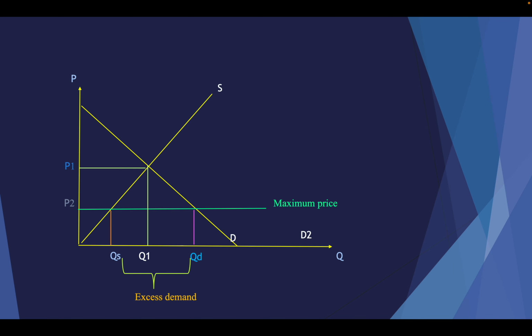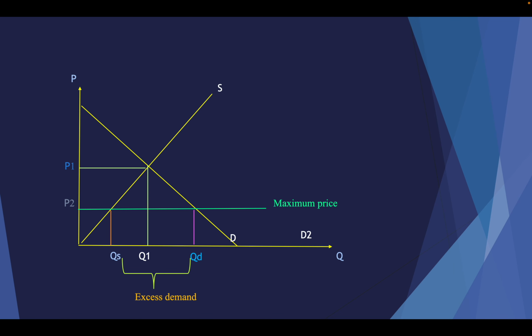And what is the maximum price? Maximum price means this is the maximum one. It's imposed by the government for the consumers' benefit. When the government sees the equilibrium market price is not good for the consumers, they impose a maximum price.